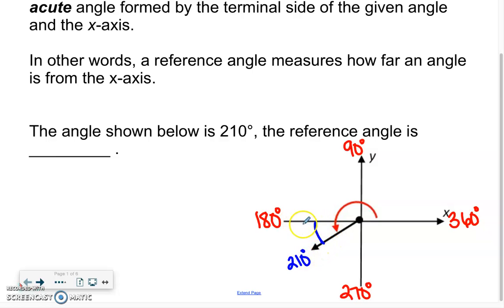So this is at 180 degrees. How far do I need to go to get down to here? Well, this is at 210, right? So to get from 180 to 210, I need to go an extra 30 degrees. So 30 degrees is called the reference angle.